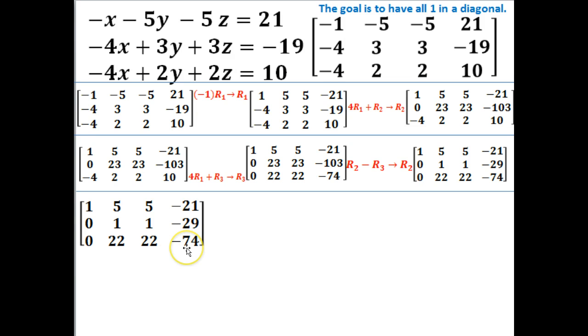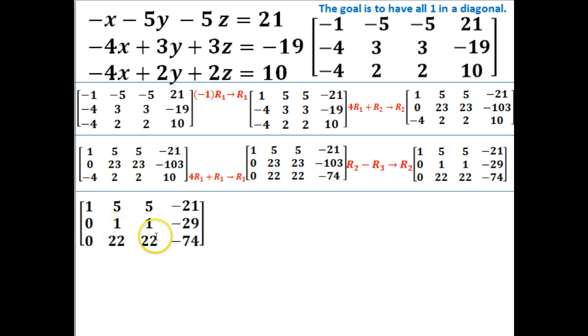Okay, so we're still progressing here. And my next stage is to get this one to be a 0. And then this last one will be a 1, but I'll work on this 0 first. And again, we don't really go to this first equation anymore. We're just dealing with the second and third equations here. And I need this one here to be a 0.